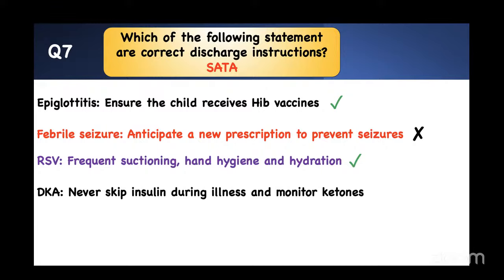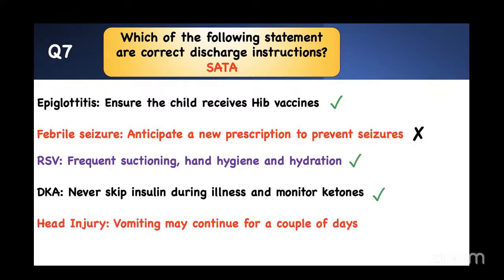DKA, well, you get DKA because you think if you're sick, you shouldn't take your medication. Therefore, never skip insulin during illness and monitor your ketones. You can test your urine, but all of this is acceptable teaching. For the patient with head injury, vomiting may continue for a couple of days. Do you think this should be a good teaching? Of course not. Vomiting is a sign of ICP.